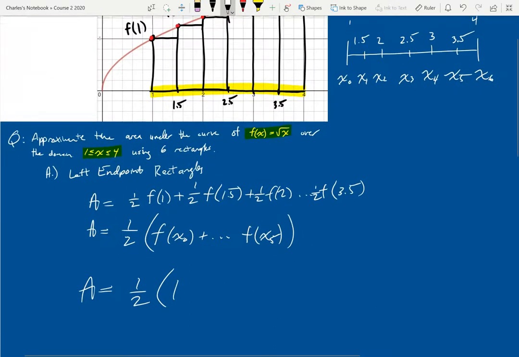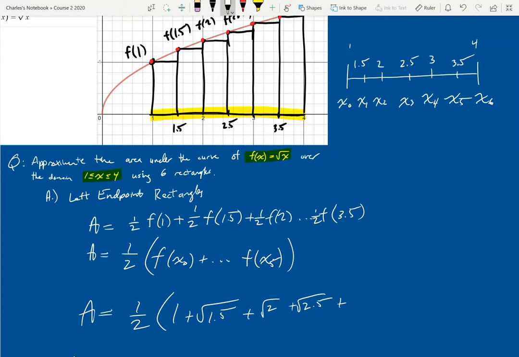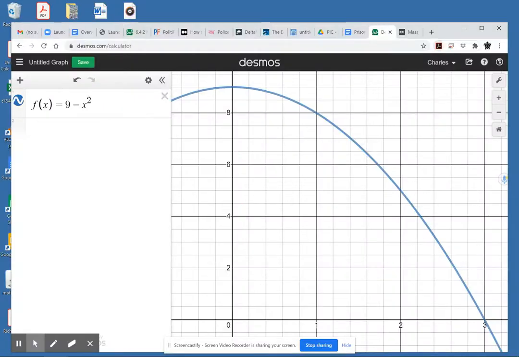The next rectangle is going to be square root of 1.5, because square root is a function, plus the square root of 2, plus the square root of 2.5, plus the square root of 3, plus the square root of 3.5. Whatever that answer is, let's see.